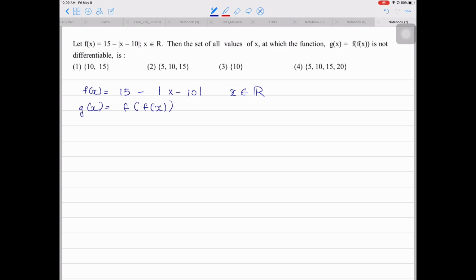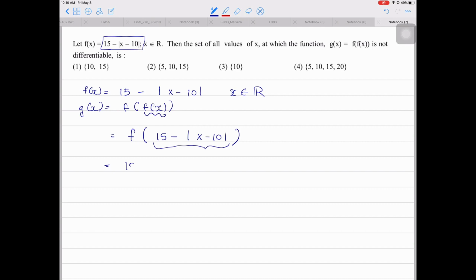We know that f of x equals 15 minus absolute value of x minus 10, where x belongs to real numbers. We know that g of x equals f of f of x, and we need to find the points at which g of x is not differentiable. So let's try to find the function g of x. Instead of the inner f of x, let's plug in 15 minus absolute value of x minus 10. Wherever in the function f of x we see x, we replace it by this whole term.